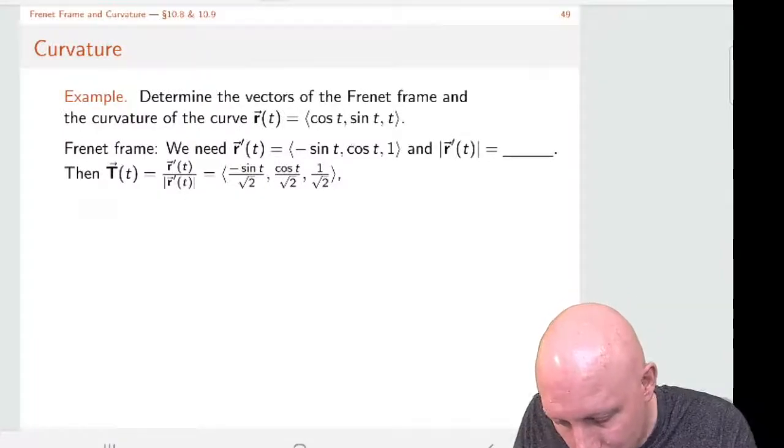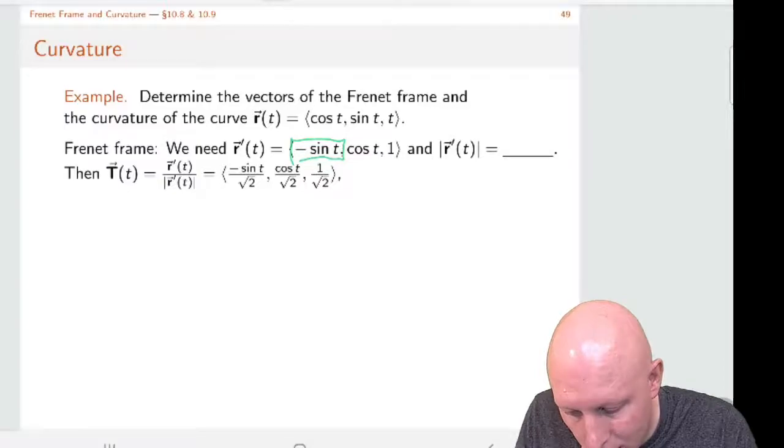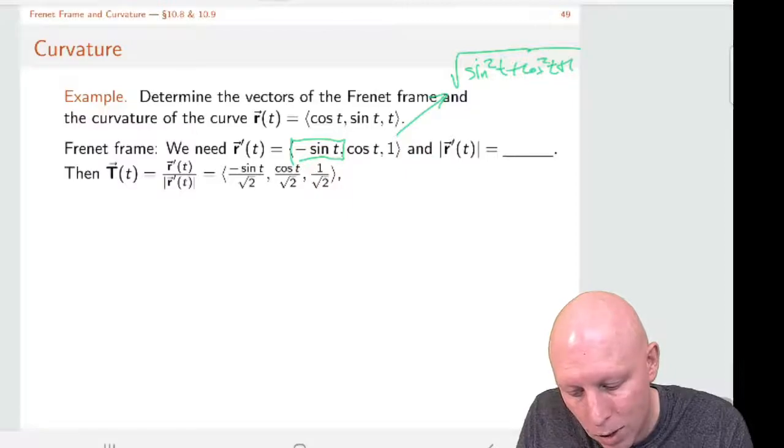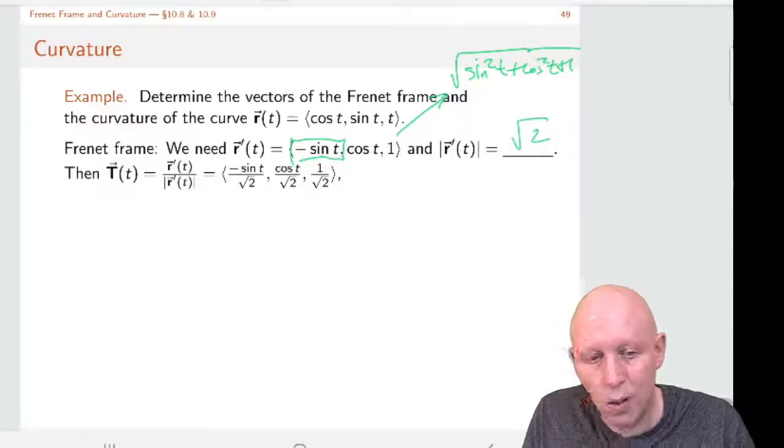Right, so what do we get? We get minus sine of t, cosine t, 1. The length of it is going to be the square root of sine squared t plus cosine squared t plus 1, which we said was equal to the square root of 2.